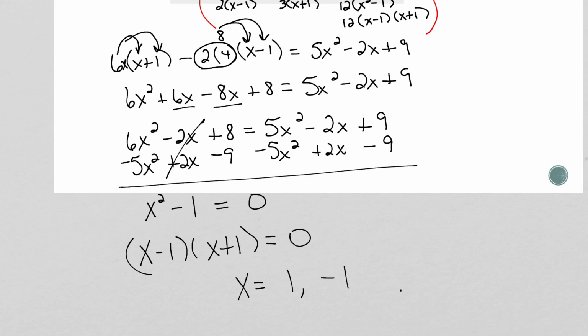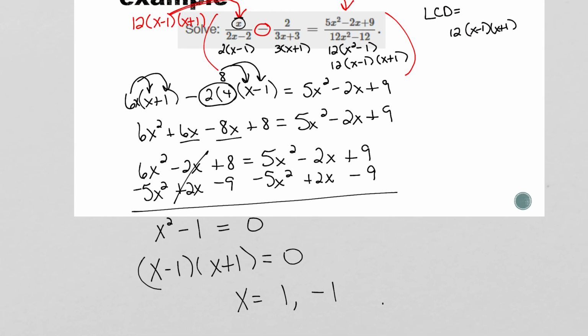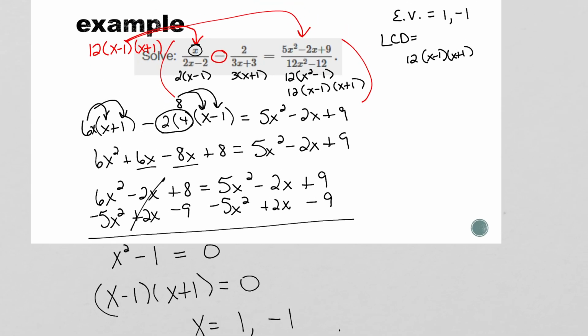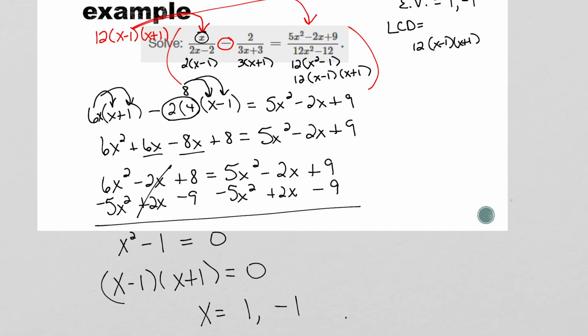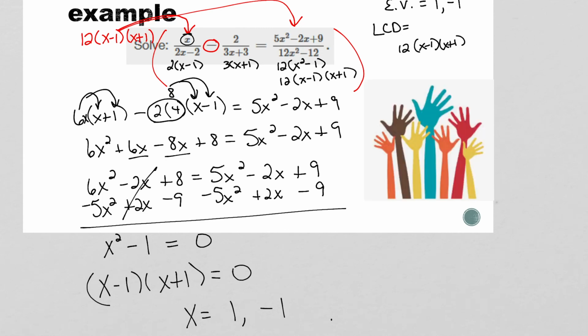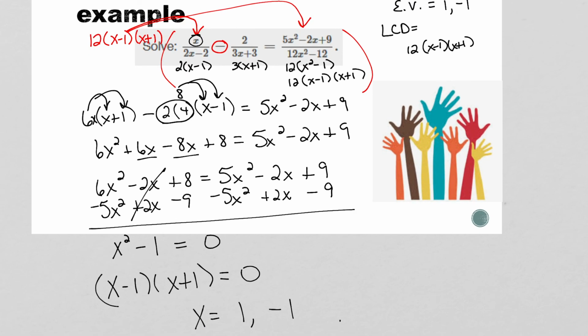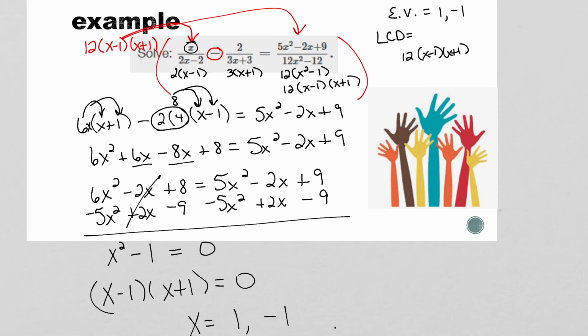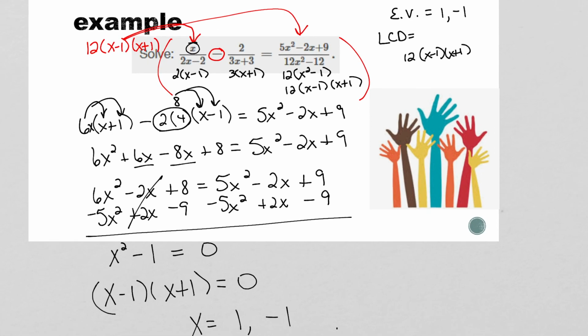All right, now let's check it with our excluded value. 1 and -1. Look at that. Okay, who here's offended? Like, raise your hand. I am too. Okay, so, and maybe I'm the only person in the world that gets offended by an answer, but I hate doing all this work and then just seeing that my solutions are extraneous.